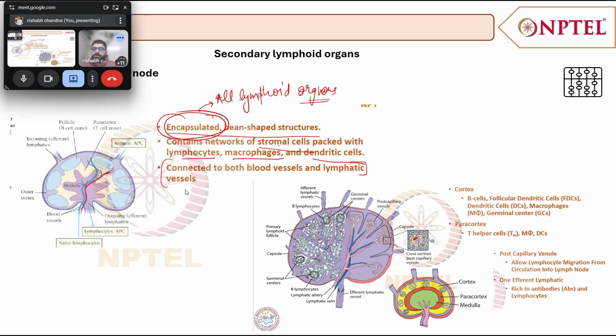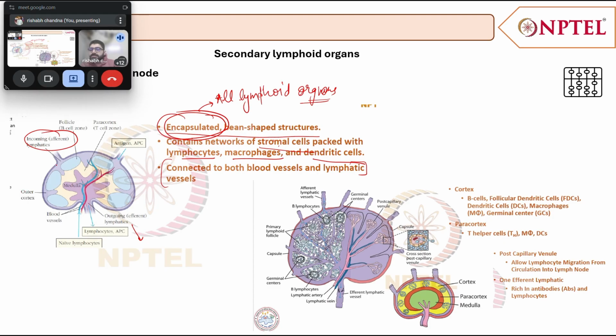Briefly speaking, in short, they have afferent lymphatic vessels that take lymph to the lymph node, and then they have efferent lymphatic vessels that take lymph away from the lymph node.